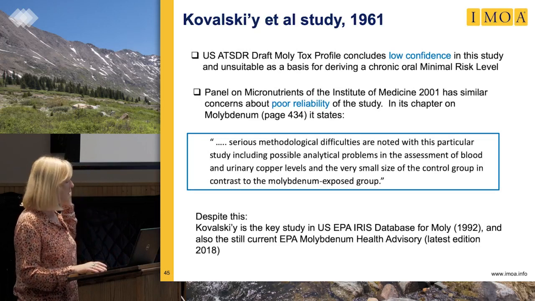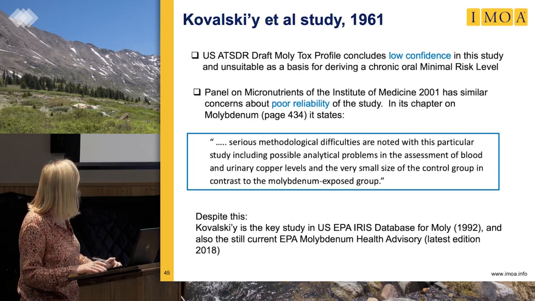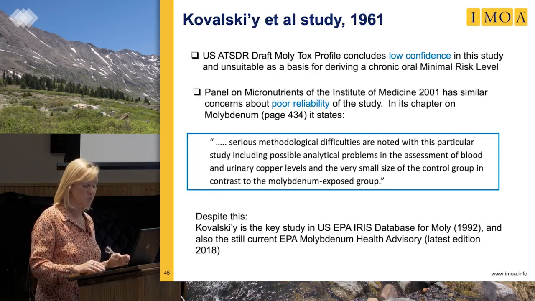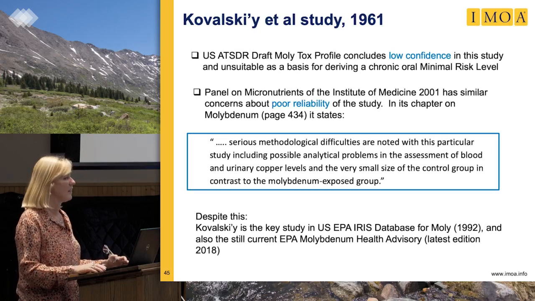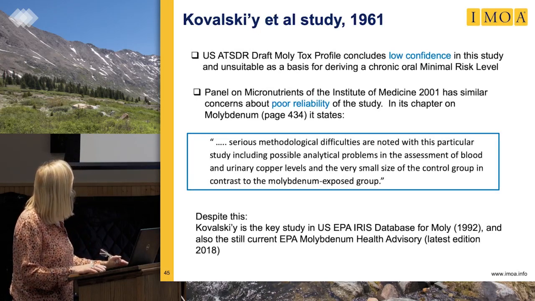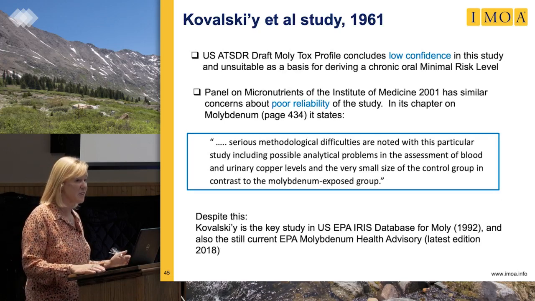You saw that Kowalski was on the left. Kowalski is a study that was done in Armenia about the uptake of molybdenum in humans via consumption of local vegetables grown near a mine location. And yes, in 1961, it was the only show in town.